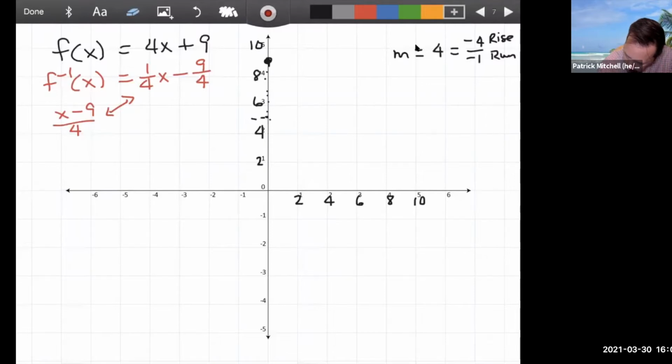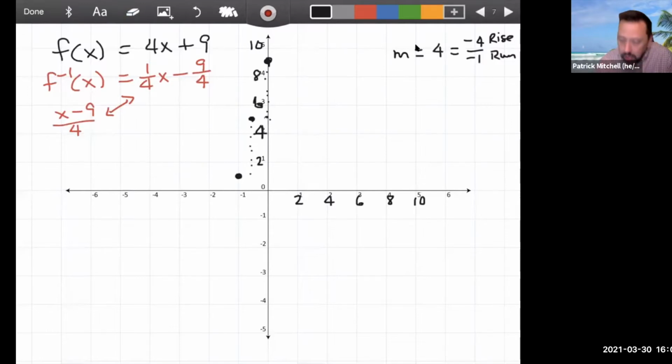Okay, I thought I was going 1 to the left. I was actually going 2 to the left, darn it. Okay, let's try that again. Down 4, that part was okay. And then 1 to the left, should only be there. All right, and then if I do that again, down 4 and 1 to the left, that should put me right there.